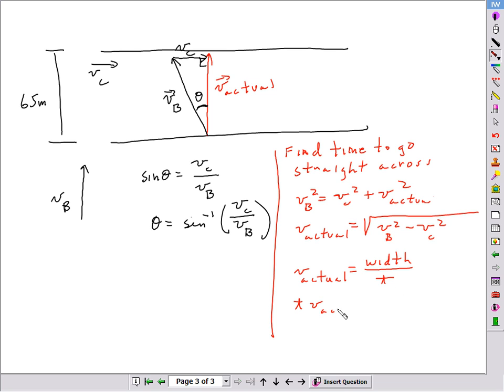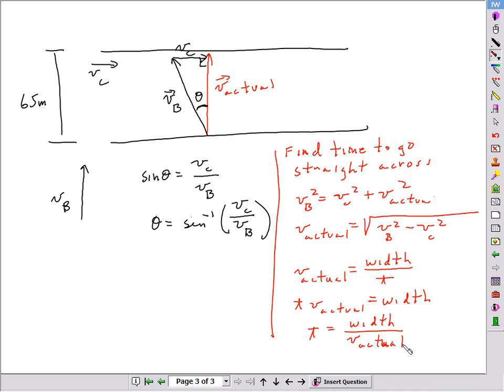Time is in the denominator, so I'm going to multiply through by t, and then I will divide by the actual. So t is equal to the width of the river divided by V actual.